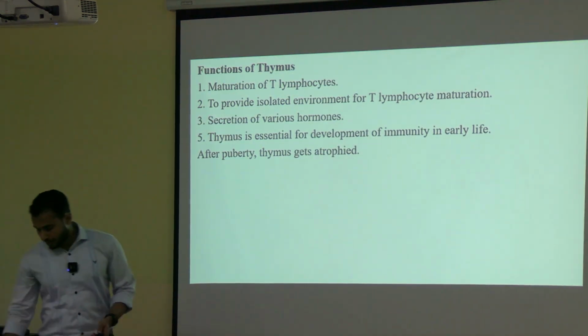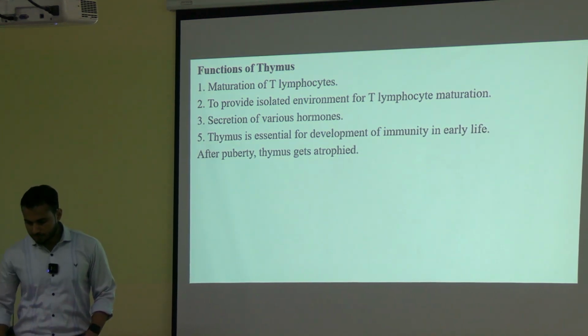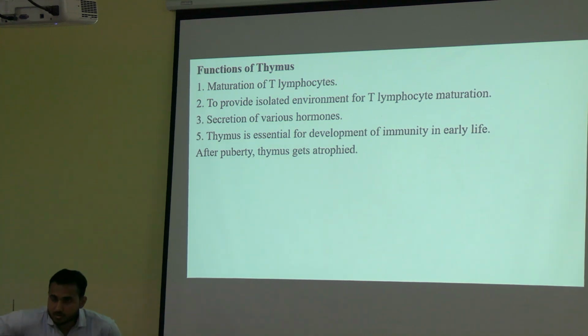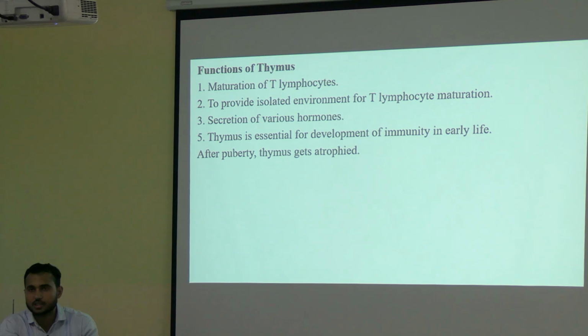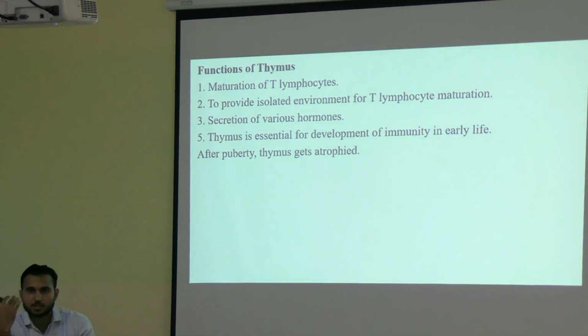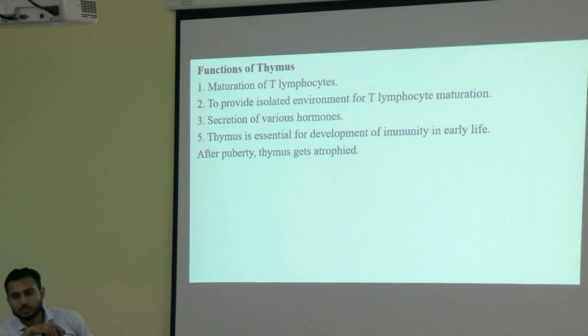So what are the functions of the thymus? Maturation of the T lymphocyte, provide an isolated environment so that the T lymphocyte can mature. Then production of some important hormones. Okay, and after puberty, the thymus gets atrophied.